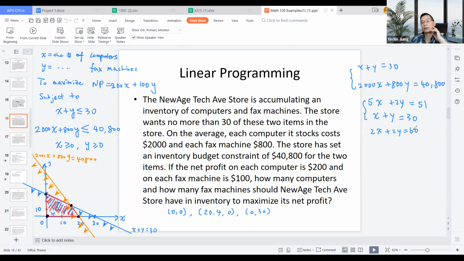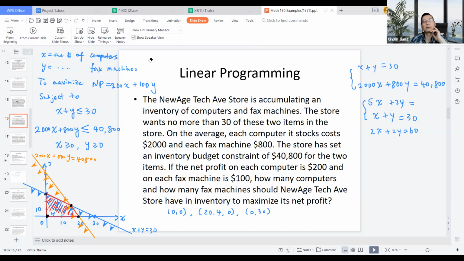I think I made some mistake somewhere. Hold on a second. What's going on? 800 divided by 400.